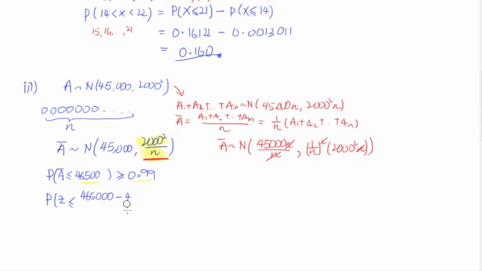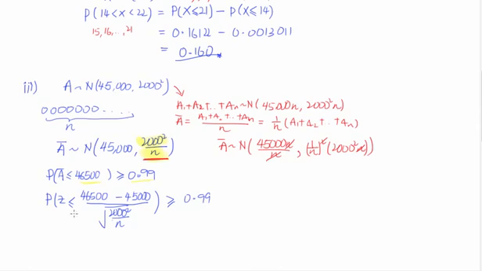Let me erase this one zero away. Otherwise, of course, we get the wrong answer, right? So, 46,500 minus away 45,000 divided by the square root of 2,000 squared over n. This is how we standardize, and it's 0.99.